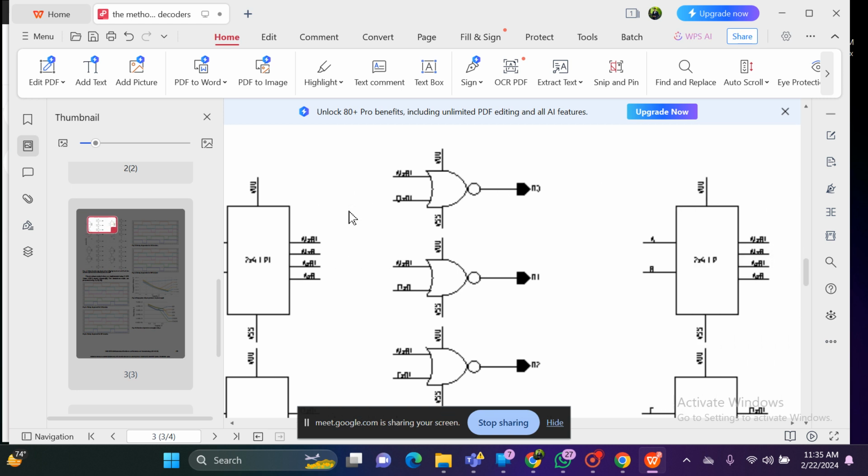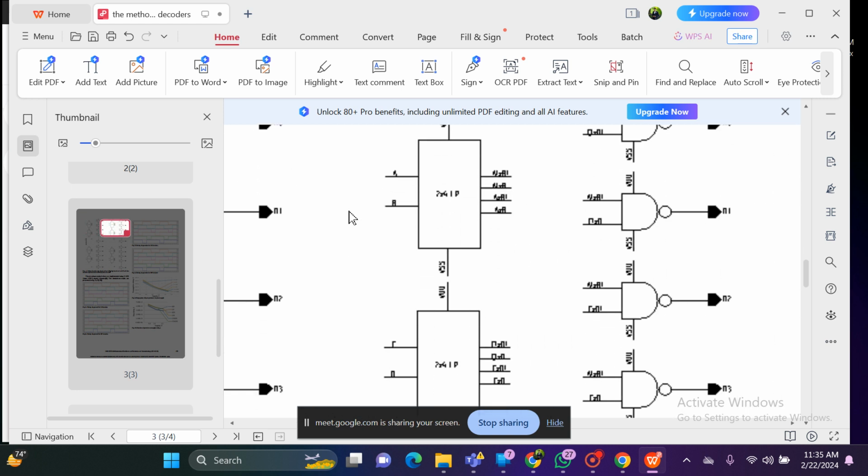So these are NOR gates and these are NAND gates they have taken.